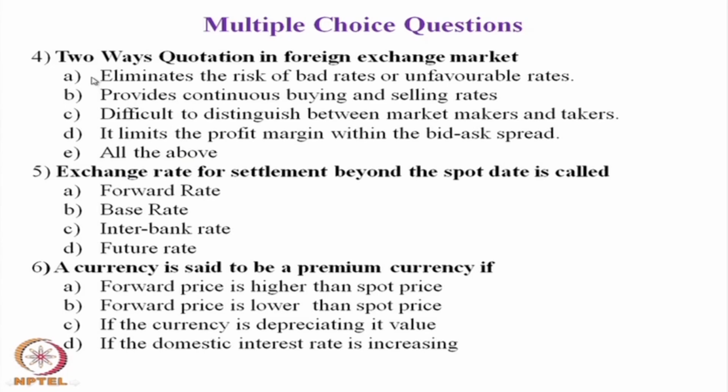It eliminates the bad rate, it provides continuous buying and selling rate, it is difficult to distinguish who is the market maker and who is the market taker, and it limits the profit margin. So for question number 4, the answer is E, all the above.